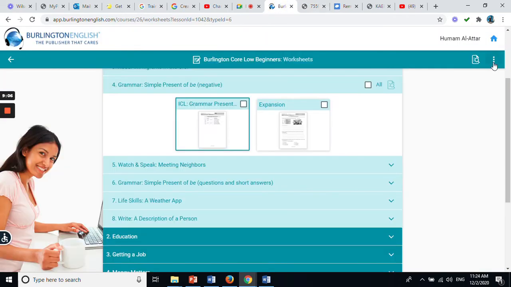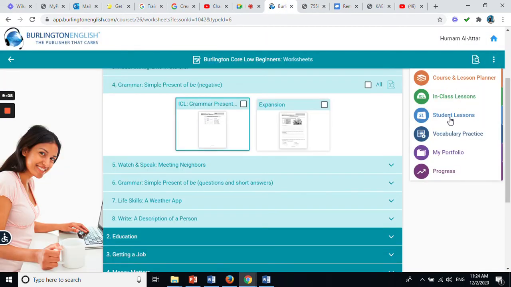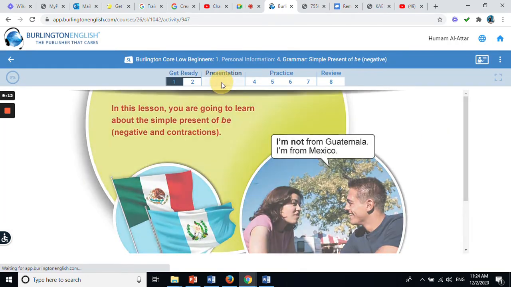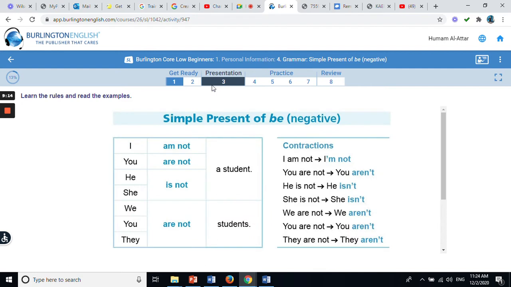It's also available in your student lessons. If you open the app on your phone and go to student lesson, lesson number 4, you will see these rules available on your page.